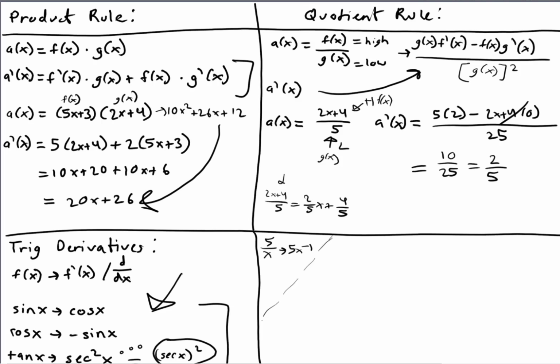And if you were to take the derivative of this using the power rule, once again you end up with the same answer, which is just 2/5. So you can see that both of these rules work. Now hopefully you've gotten a pretty solid example and a grasp of what the product rule is.